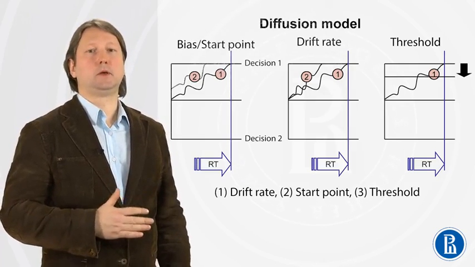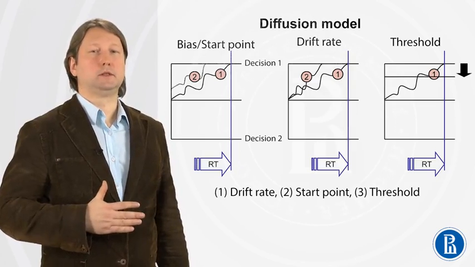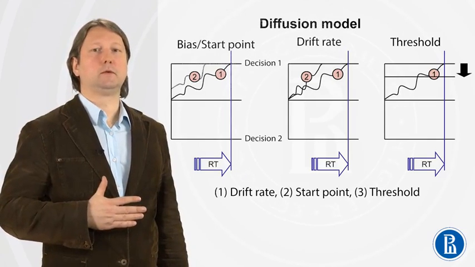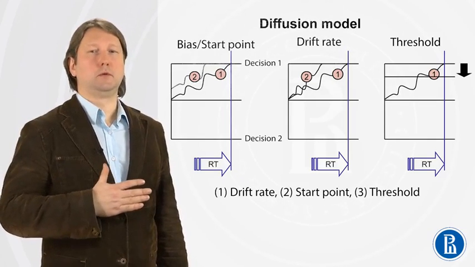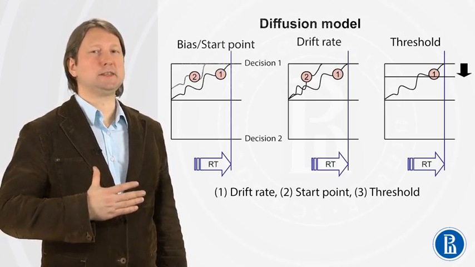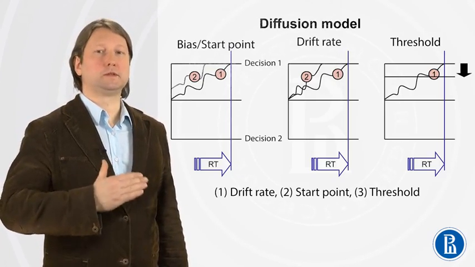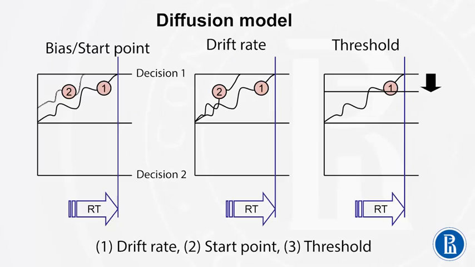Sometimes, perhaps, we can be ready to make a decision very quickly with some costs. So we can even make some mistakes. In this case, we can even lower this threshold for the decision making. So this simple model can help us to explain various aspects of the decision-making process.